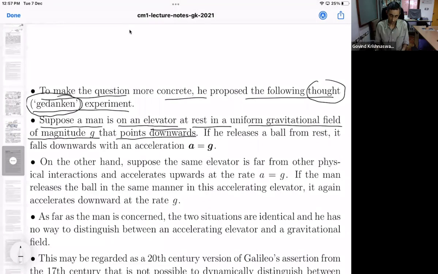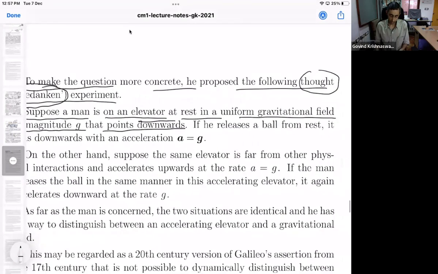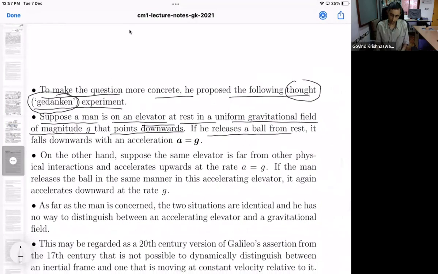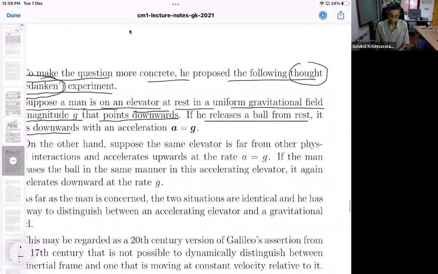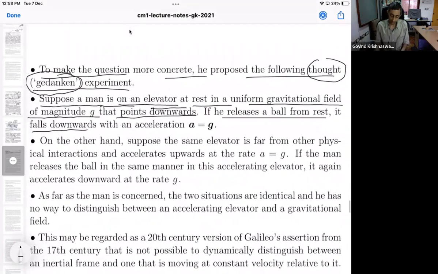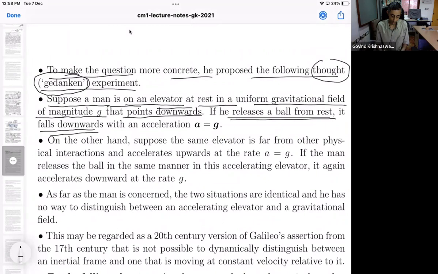Now, if the person releases a ball from rest, the elevator is not moving just yet, then the ball falls downward with an acceleration a equal to g. You don't even need to call it an elevator, you can just call it a room.